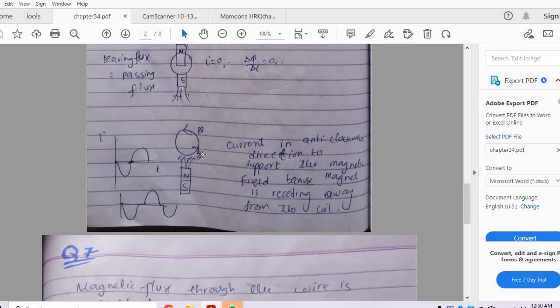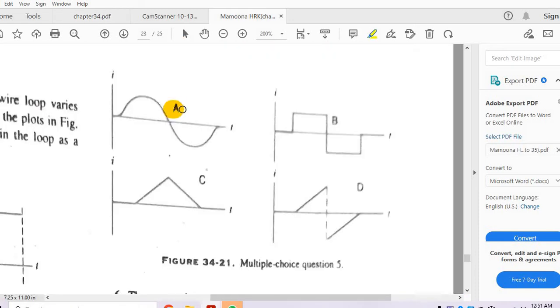So in this situation, at the bottom south pole is required and at the top north pole is required. South pole will attract to the north, so the current in anti-clockwise direction will flow in order to support the magnetic field of this bar magnet. So option A is the correct option.